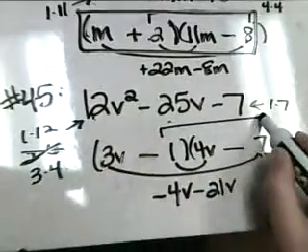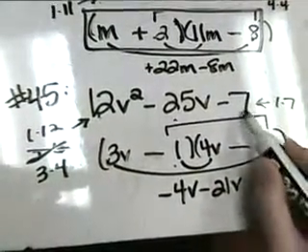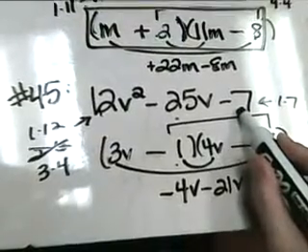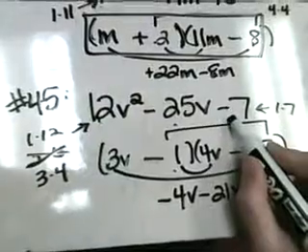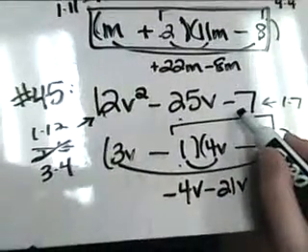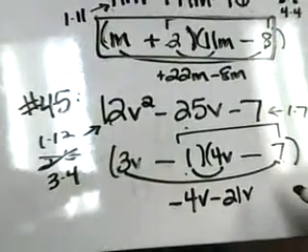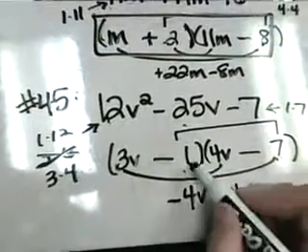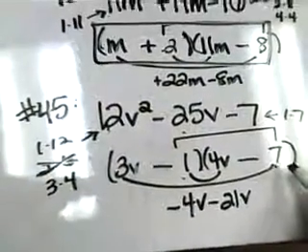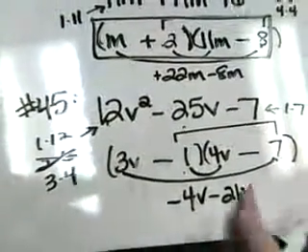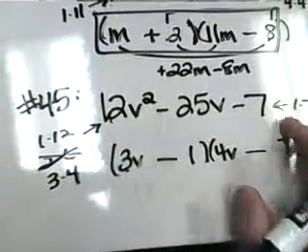Then let's check the outside. Negative 1 times negative 7. Wait a second. Negative 1 times negative 7, that doesn't give me a negative 7. 2 negatives should give me a positive. So that doesn't work. That's why it's so important to check both. Yes, the middles and the outers worked, but when I checked those last terms, that doesn't work. So that order is not going to work with 3 out front.